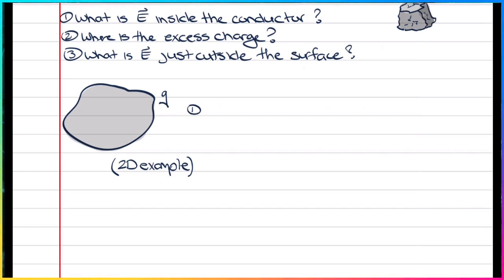If I dump some charge onto the conductor, eventually it will settle into some equilibrium configuration where the charges are stationary.